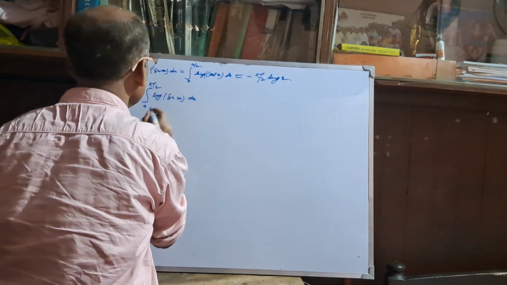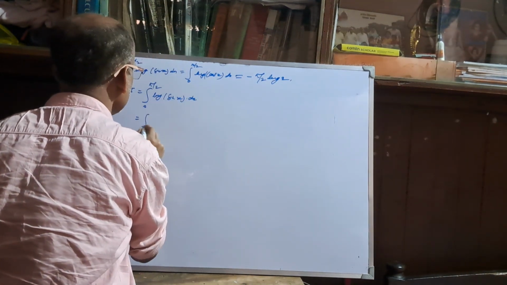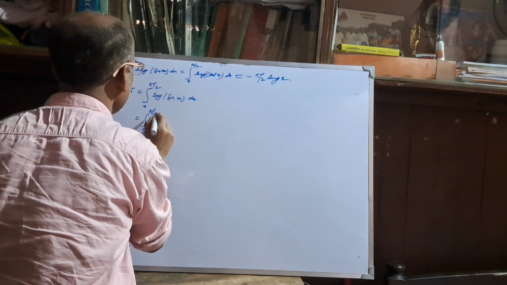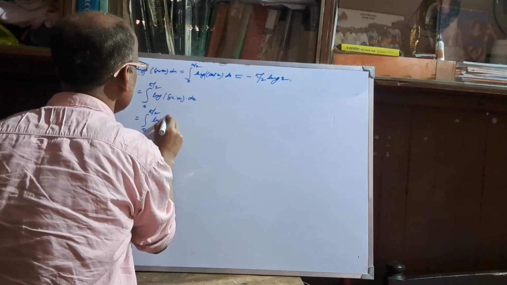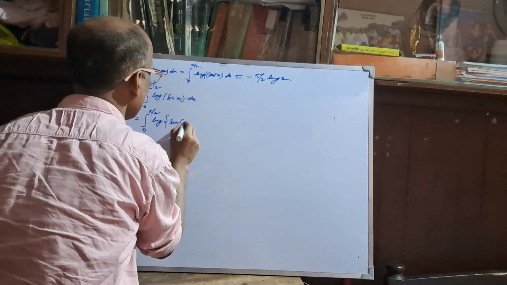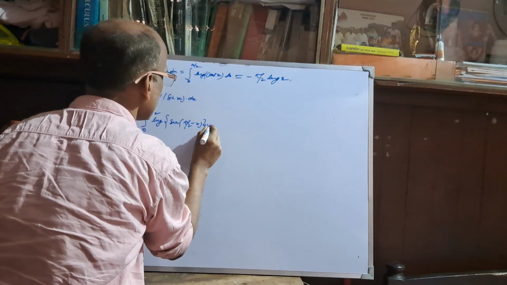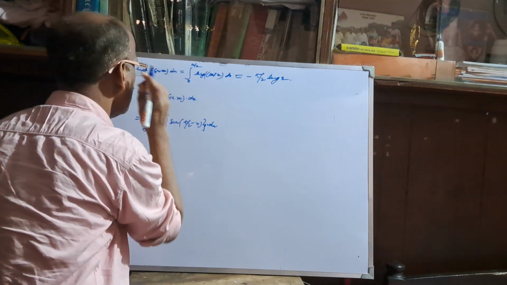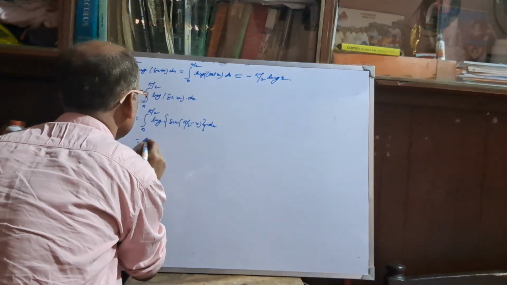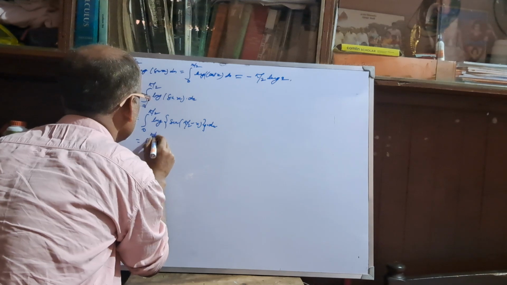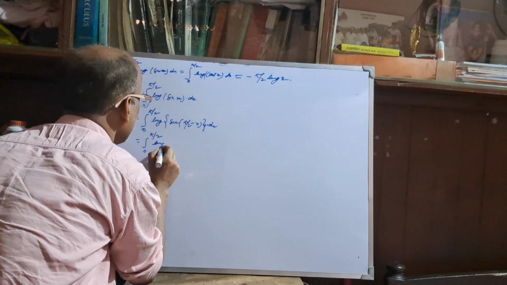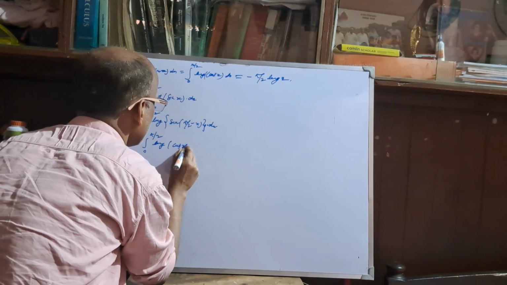Okay, so that is equal to integral from 0 to pi by 2 of log sin (pi by 2 minus x) dx, which is equal to integral from 0 to pi by 2 of log cos x dx.